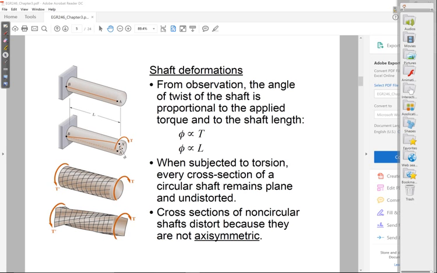If you look at this circular shaft here, the way it's drawn gives you an idea. So what we do is we start off with our shaft, before we apply a torque, and then down the side, you're just going to draw a very fine grid of squares.